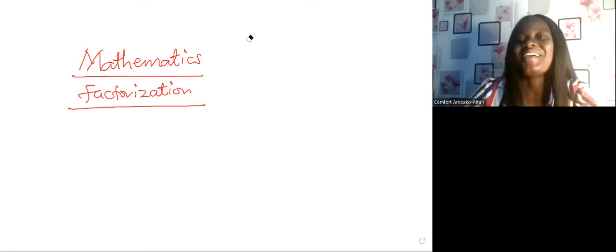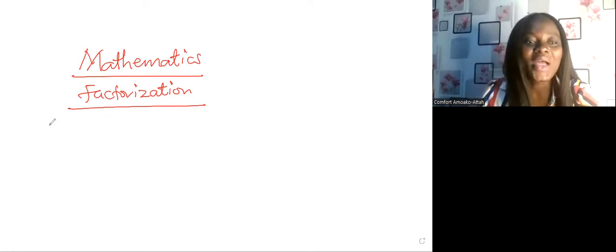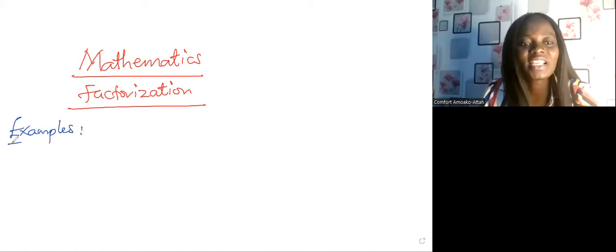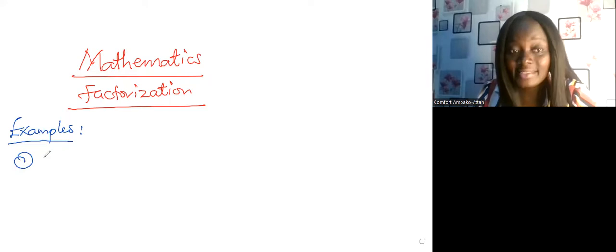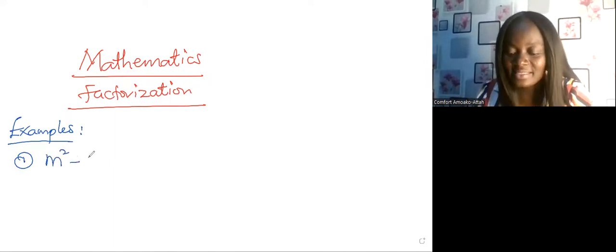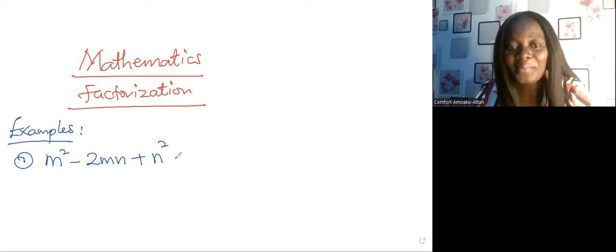Great. All right. So the first example I have here, example 1 is m squared minus 2mn plus n squared minus 9r.